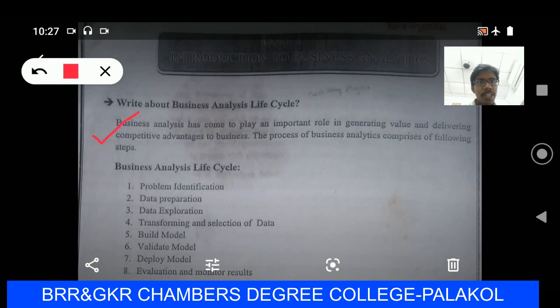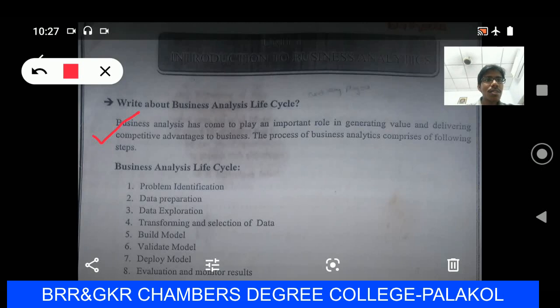The first point is that business analytics comes to play an important role in generating value and delivering competitive advantage to business. That means every organization or firm uses business analysis to generate and deliver competitive advantages.